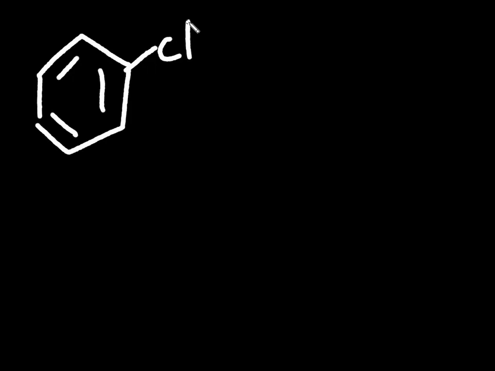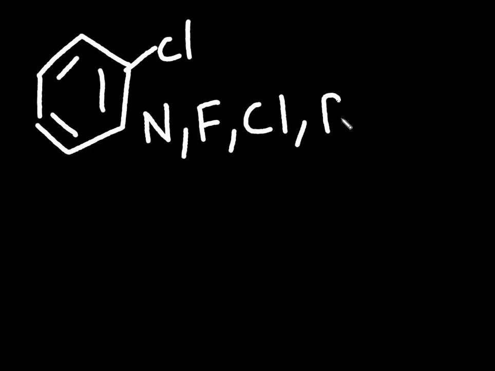You don't even have to add the 0. Just don't include it in the formula. However, for halides, such as nitrogen, fluorine, chlorine, bromine, etc., those you will add to the formula.